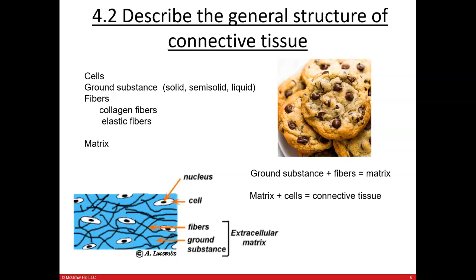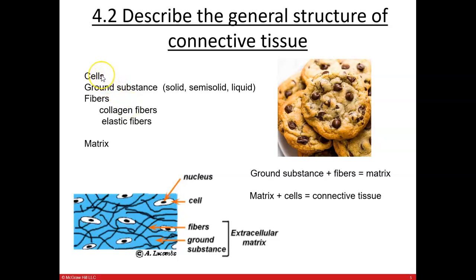And so some of the fibers in these connective tissues are collagen fibers. And we've got a lot of collagen in our skin. Remember, if our skin starts getting saggy as we get older, it's because our collagen fibers are wearing out a little bit. There's also elastic fibers that make tissues stretchy. And so collagen fibers are strong, elastic fibers are stretchy, and really the characteristics of the skin are well represented by what you see in these different kinds of fibers.